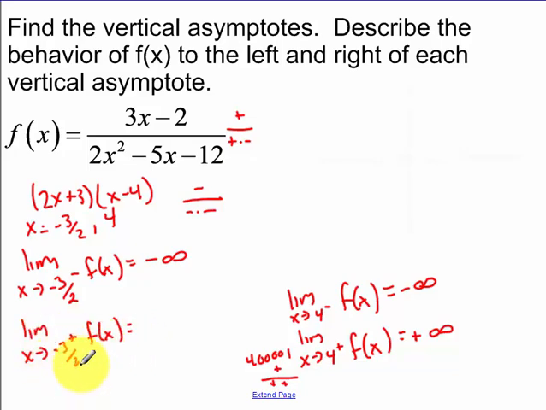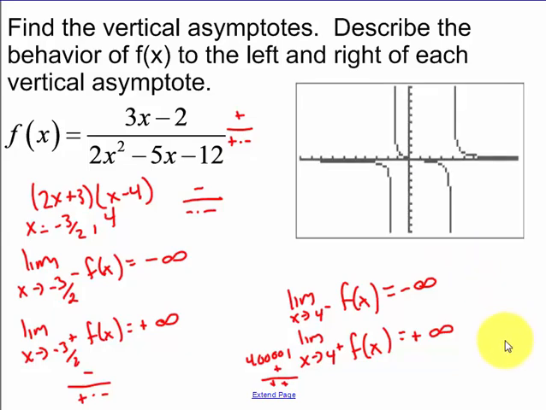And then when I plug in something a little bit greater than negative 1.5, we end up with a negative on top, a positive for this first factor, and a negative for the second, which gets me to a positive infinity. And then I don't know if you guys can see this, but I have a graph there that justifies my answer.